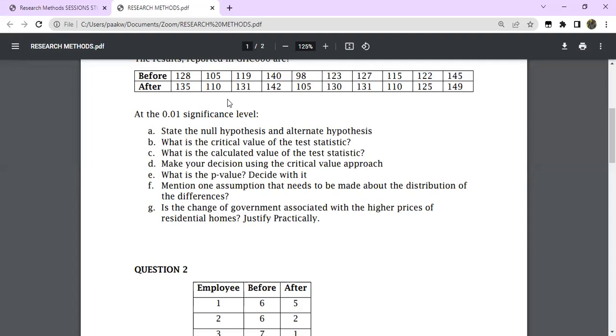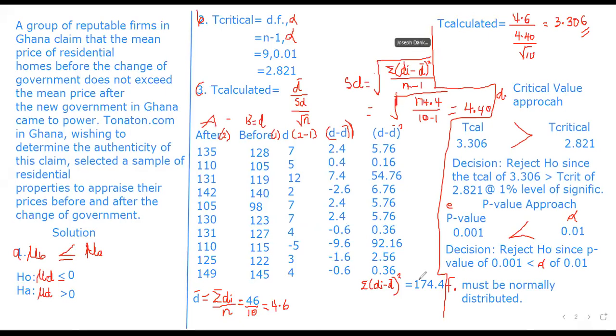So here they are asking if the change of government really affected or was the cause of higher prices of residential homes. Here we are going to use the hypothesis that you formulated to answer that question.